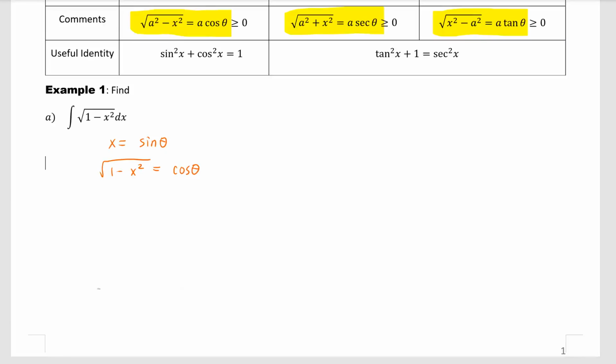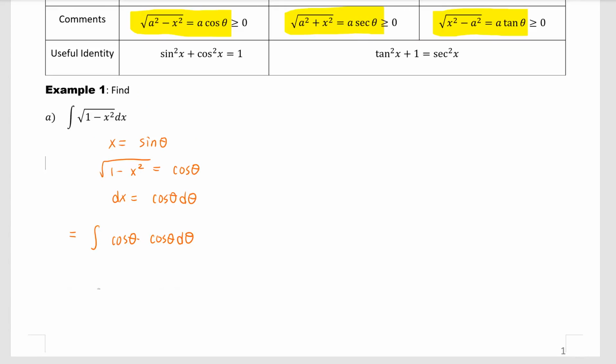Okay, now continue. So what is dx? See, you want to change this integral with respect to x into an integral with respect to theta, right? So dx, well, we're going to take the derivative of x. So the derivative of sine is cosine theta, d theta. And then our integral becomes, so the square root term is cosine theta, but the dx is actually cosine theta d theta.